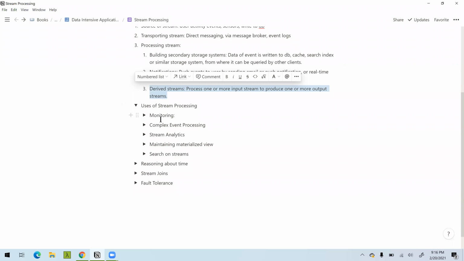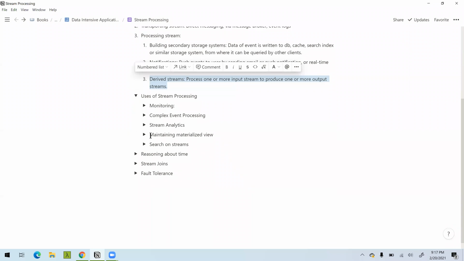So the uses are like monitoring, or if you want to build a complex event processing system, or you could be using it for stream analytics, or to create a materialized view, or to do a search on the streams, right? So these uses we will discuss in more detail one by one.